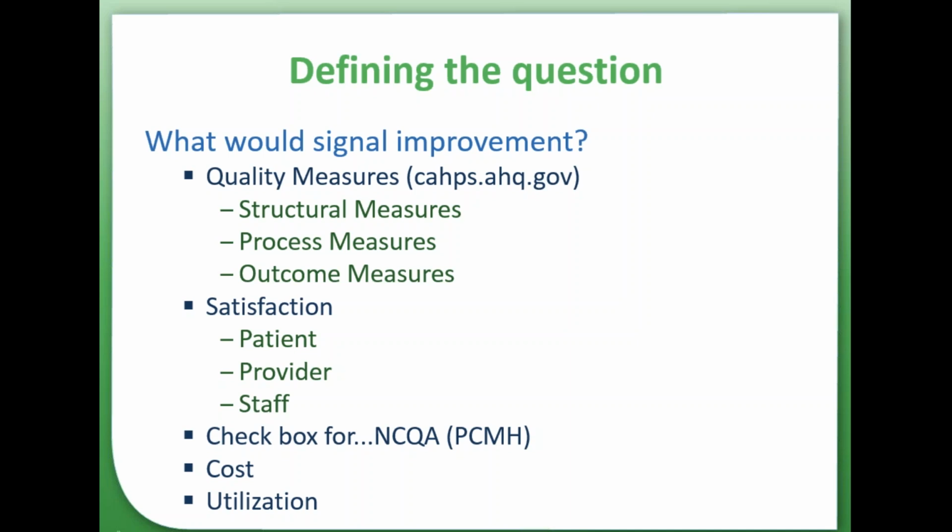Avedis Donabedian was one of the founders of measuring quality in the healthcare system, and he developed this framework of quality measures that includes structural measures, process measures, and outcome measures. So structural measures are a measure of human and material resources available. So this was done most often in the context of hospitals, and it would say, does this hospital have an emergency room that's staffed 24/7?